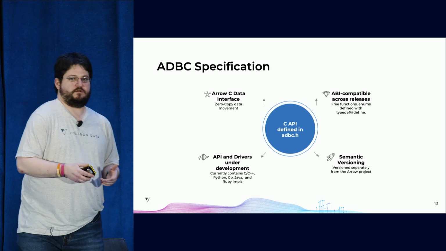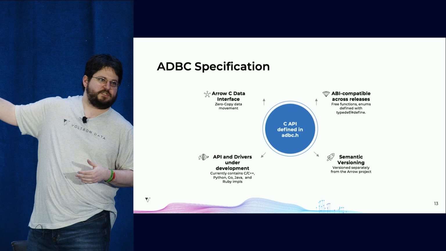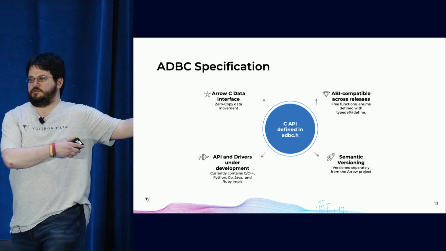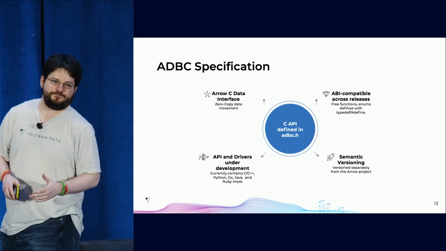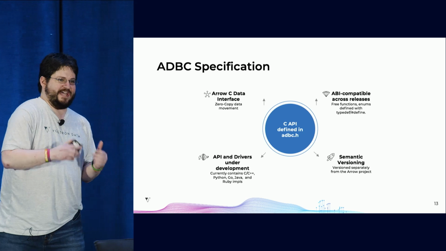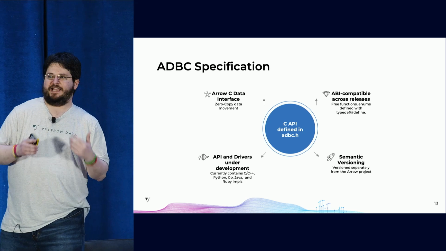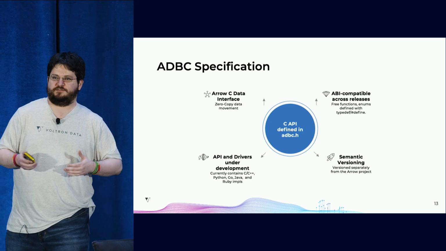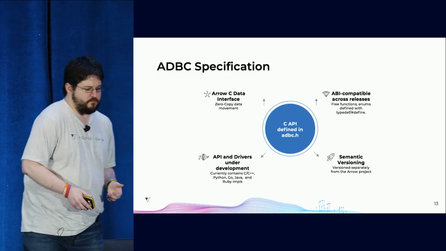So your driver can take the data it got back as is from the database and just hand it off to the application without the cost of making copies of those buffers of data. And that works no matter what language you're in, because almost every programming language has some way to talk via a C boundary, because of the ubiquity of C.